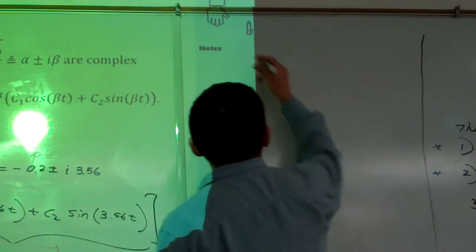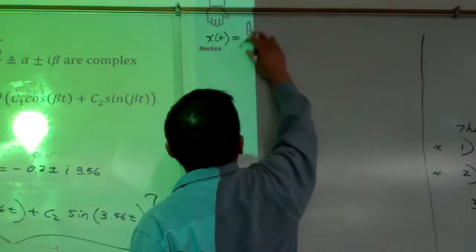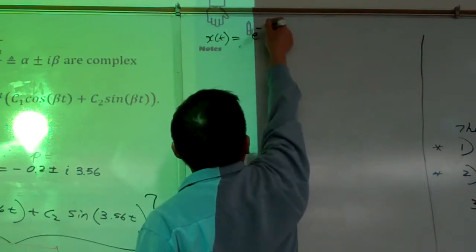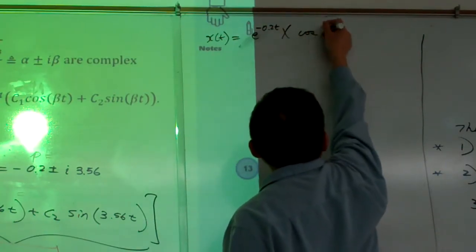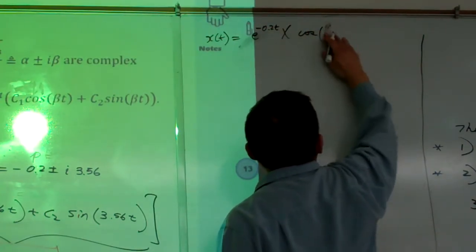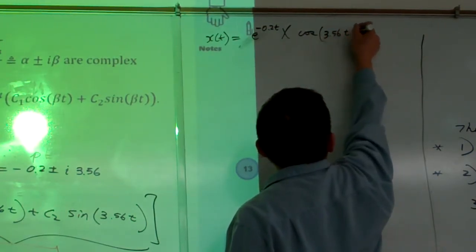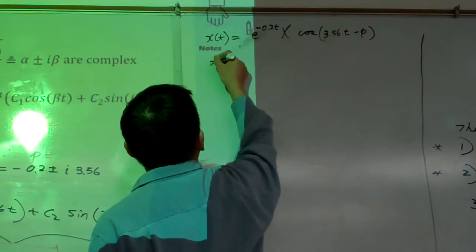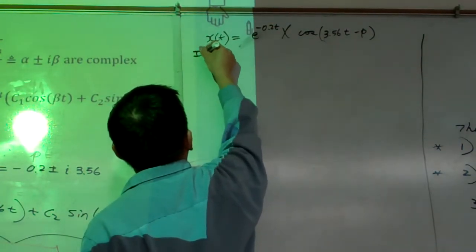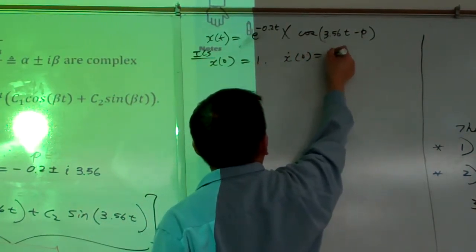So not to confuse myself, x(t) will be equal to e to the minus 0.2t times capital X and cosine of 3.56t minus phi. And so therefore the initial conditions: x equal to 1, x dot equal to 0.